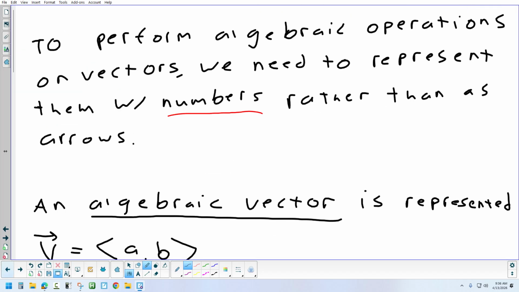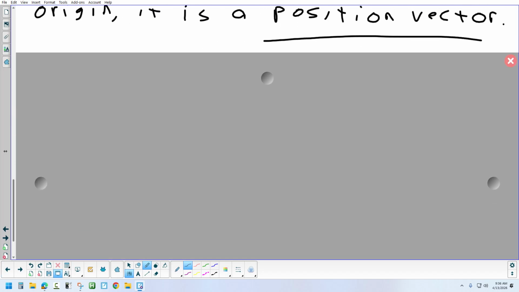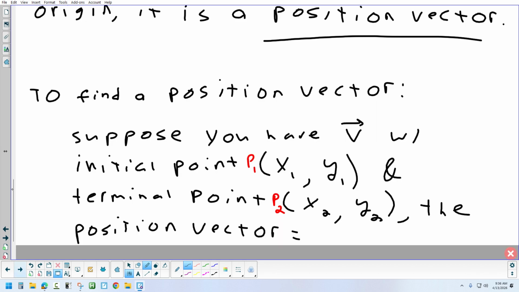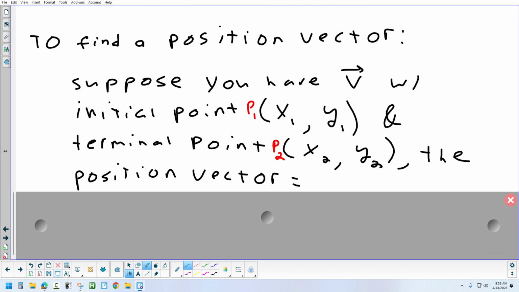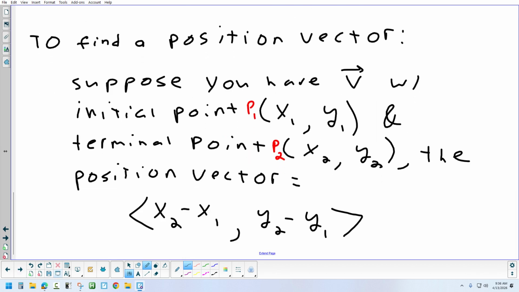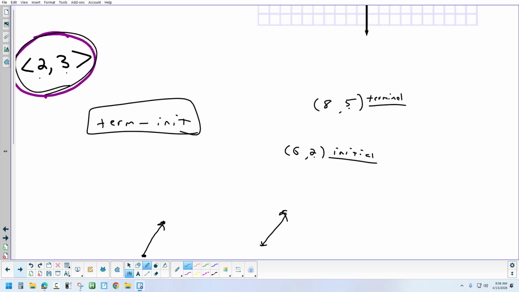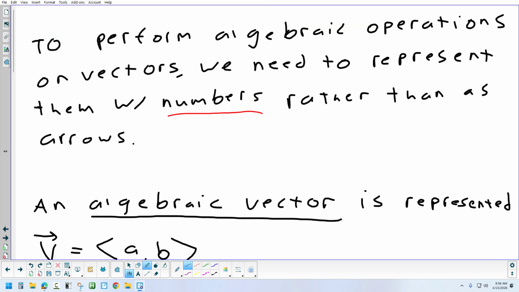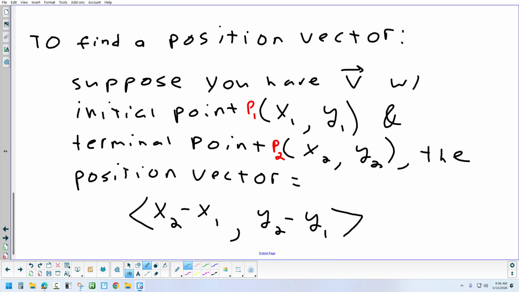So this is called finding a position vector. In order to find a position vector, I have to give you the 2 points, just like the example. If I don't name one of them as initial and terminal, like here I did, you always assume that P1 is the initial and P2 is the terminal.